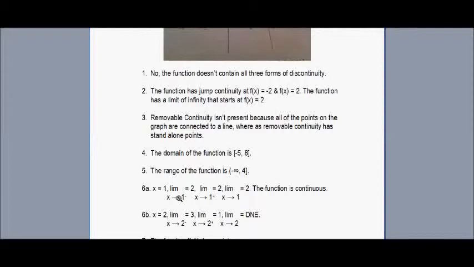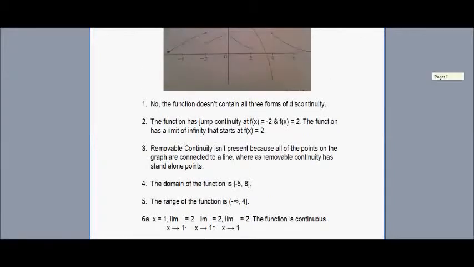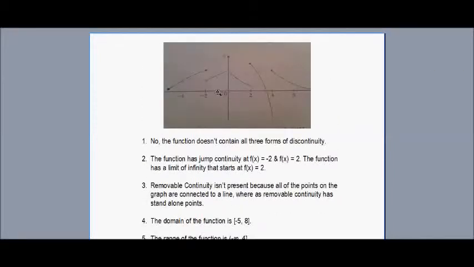Start off from here, and I'm gonna say negative 1 is right there. And for that, starting out from the left side, I said that the number was 2.